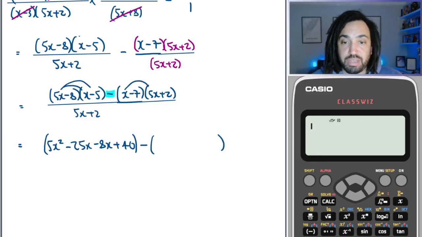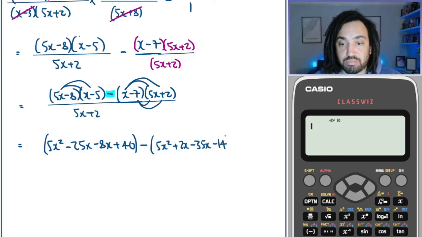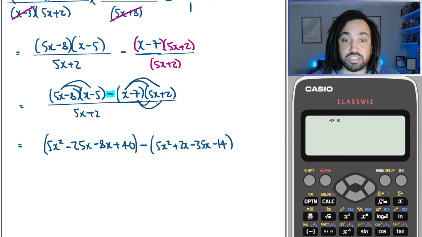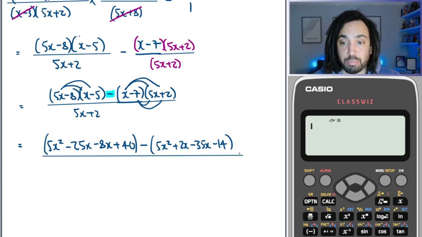So this is going to give me 5x squared. This is going to give me plus 2x. And then we're going to get minus 35x. And we're going to get minus 14. Okay, now let's look to simplify, because that's all over 5x plus 2.